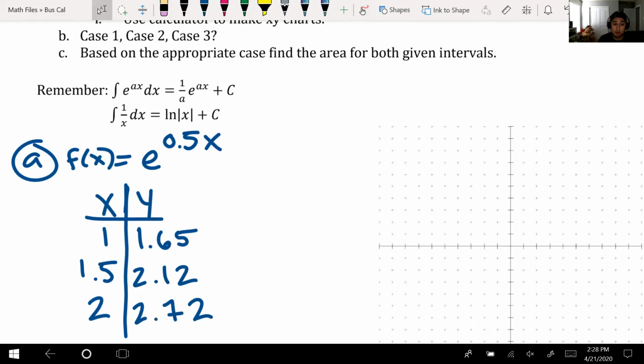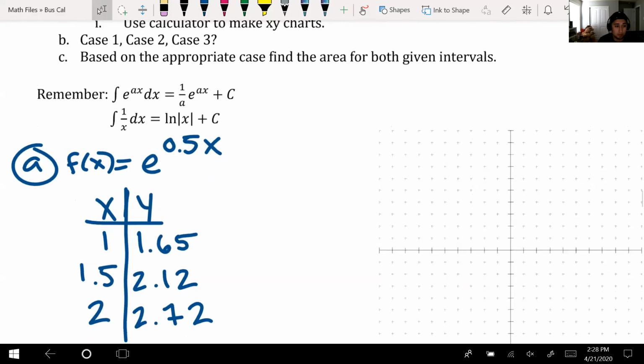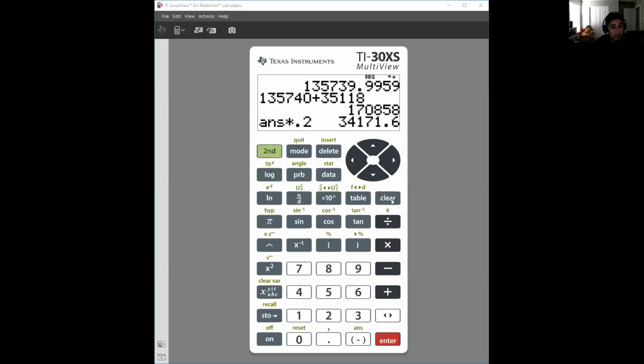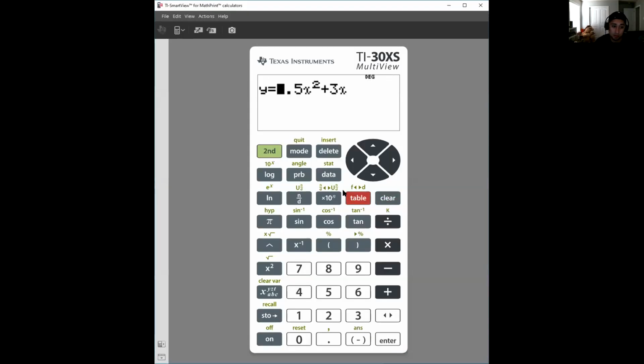Okay, there's that. And then for g of x, if you want to know how I type that in, which you probably do, let me share this. I did clear table, second, natural log, e to the 0.5x. Enter, enter, enter, enter.